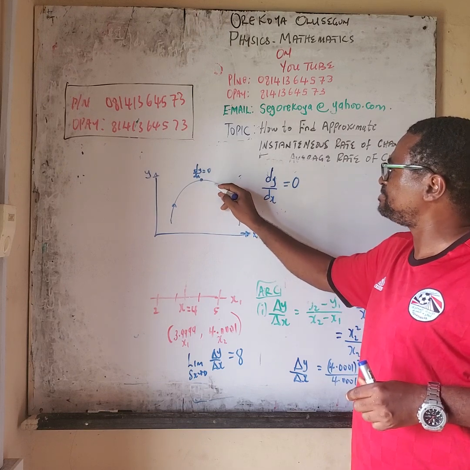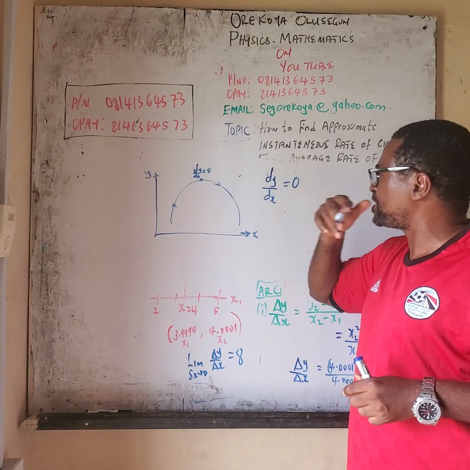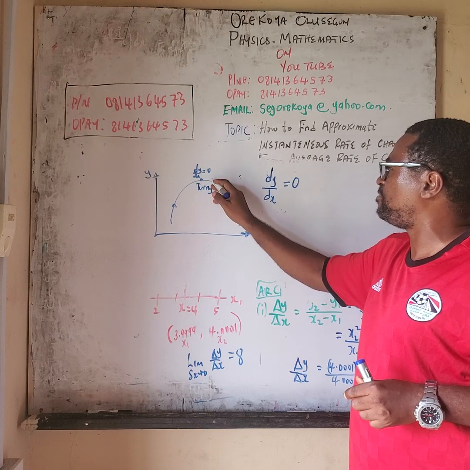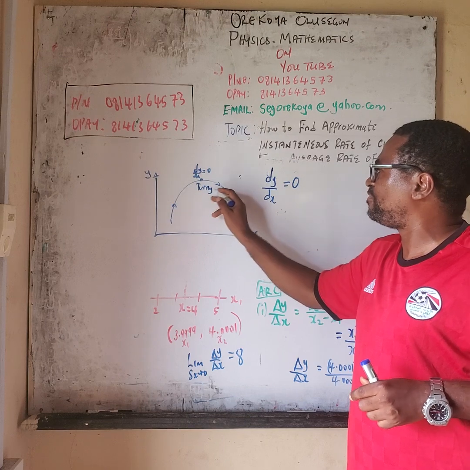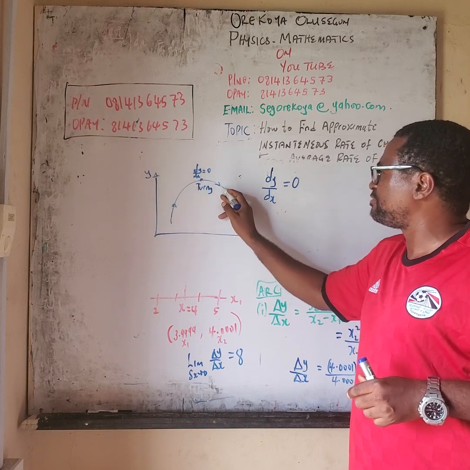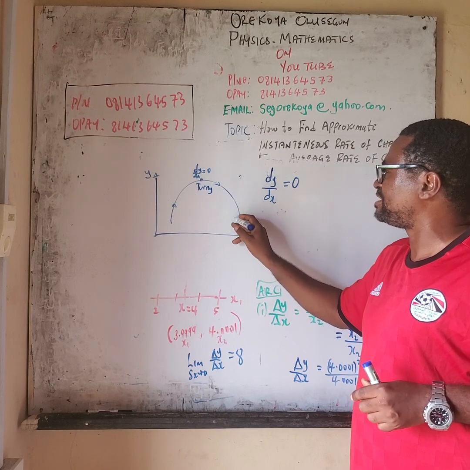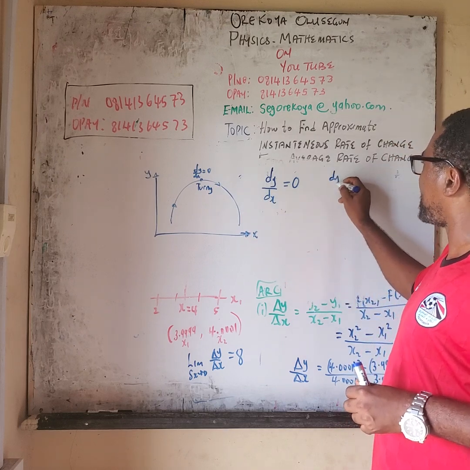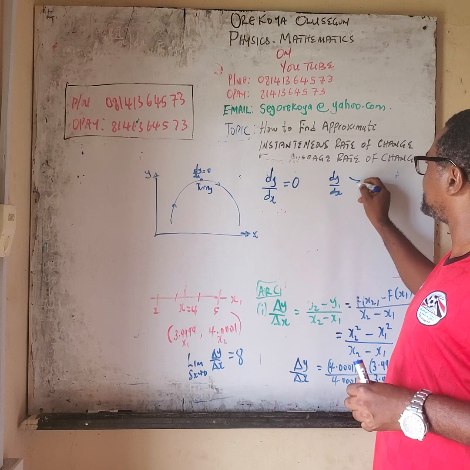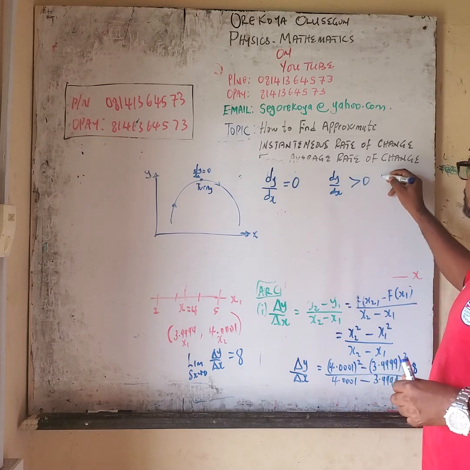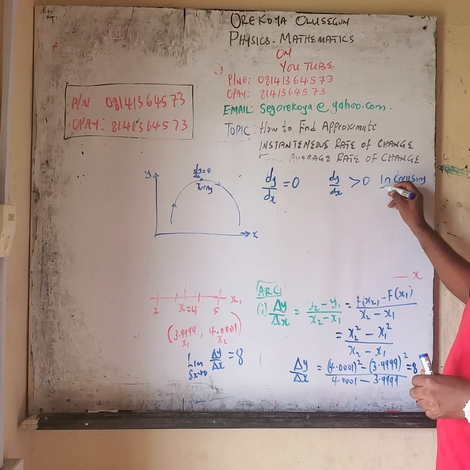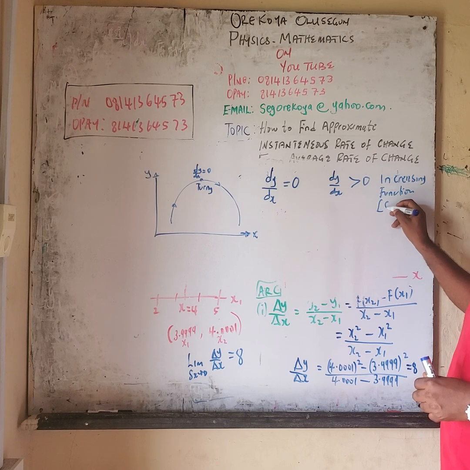But as you are moving after this particular point, which is known as the turning point, if you are looking at the value on the y-axis, it will be decreasing, while that of x will be increasing. So in a nutshell, when you have dy/dx greater than 0, we have what is called an increasing function, which is also known as growth.